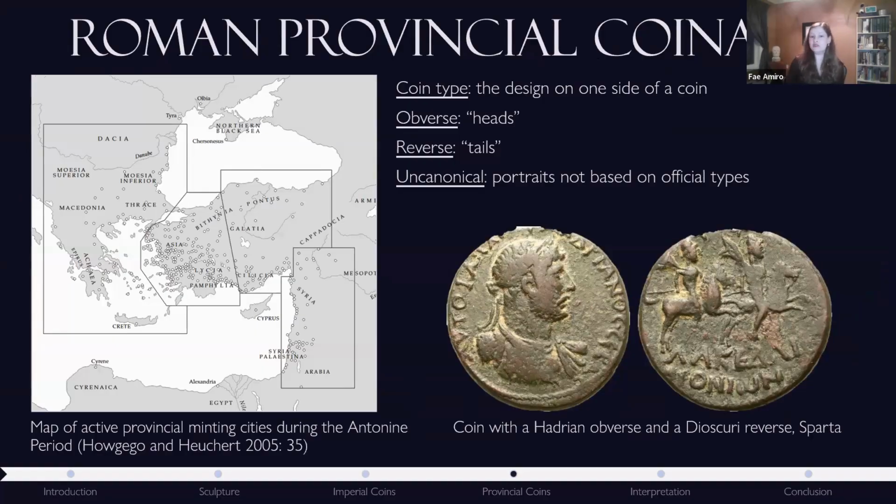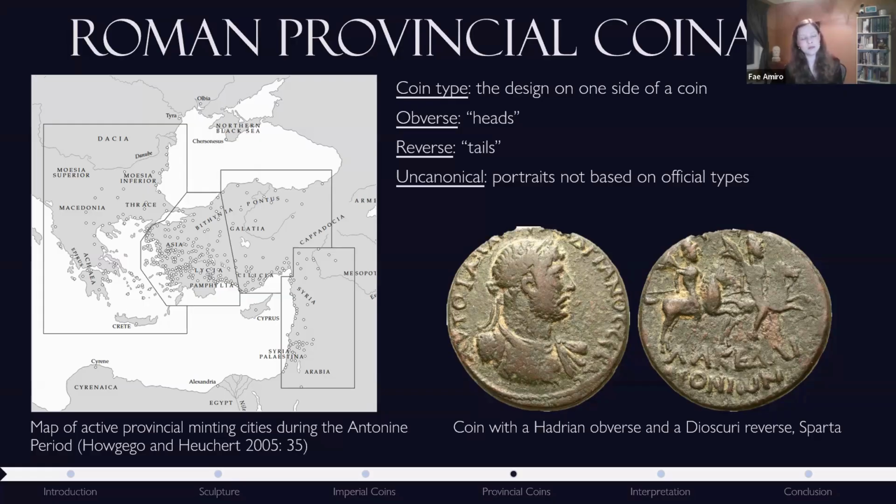So moving on to our final medium, which are the provincial coins. Roman provincial coins functioned very differently in the 2 halves of the Roman Empire. By the time of Hadrian's reign, we're in a situation where we do not have any provincial coins being struck in the western half of the empire.